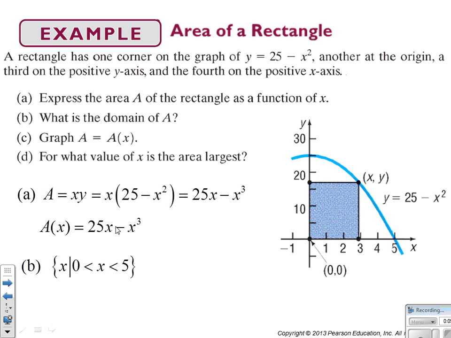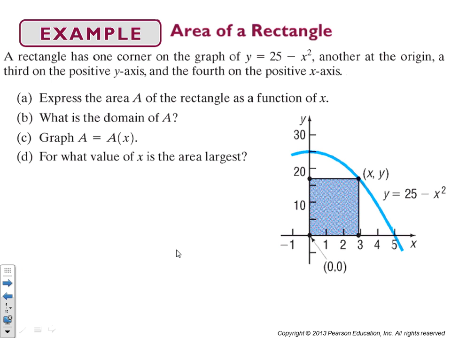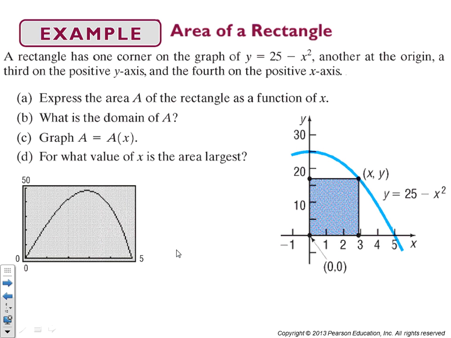Okay, so let's take a look. You guys all have your graphing utilities out. Let's go ahead and graph this function, 25x minus x cubed, and we're going to put the sketch of that graph on our paper. And remember, we only are caring about the values that are between 0 and 5 on our x-axis.